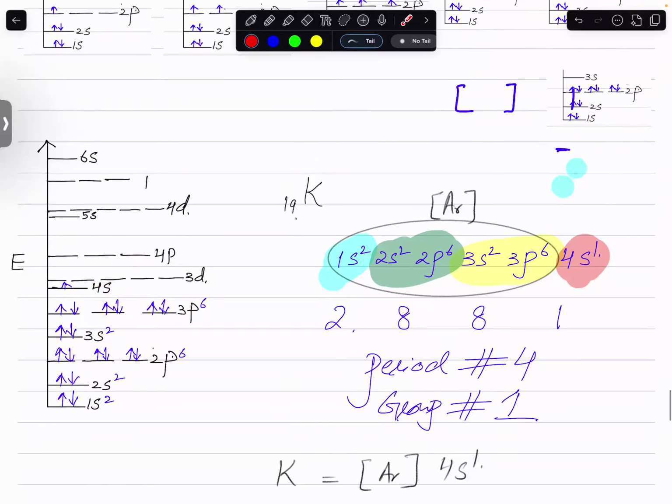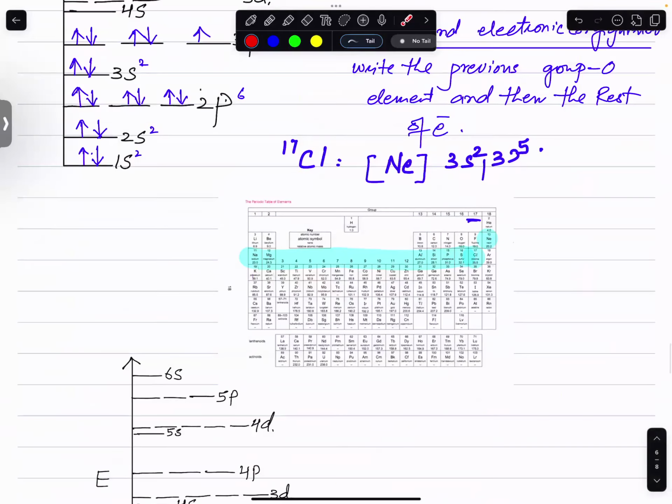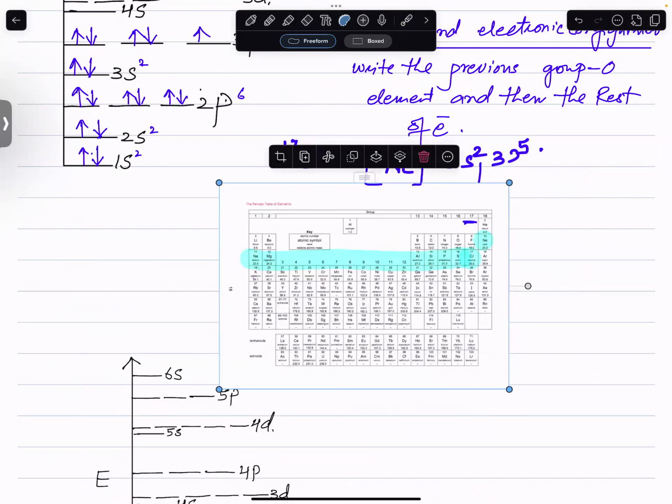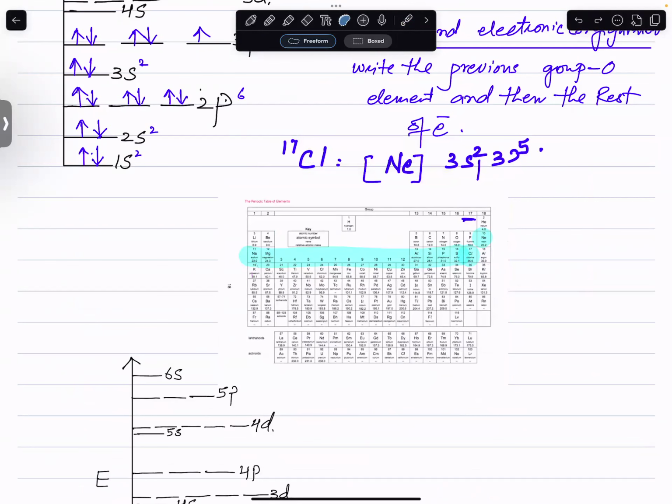Now, what we are going to do, the next thing is, wait.